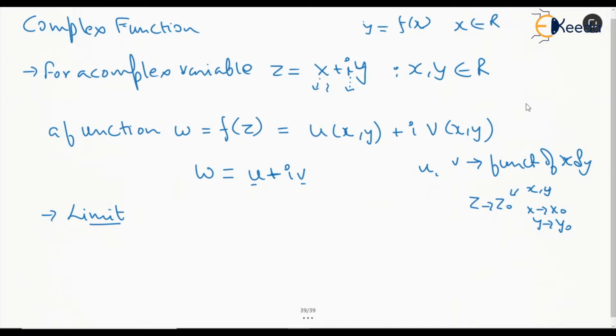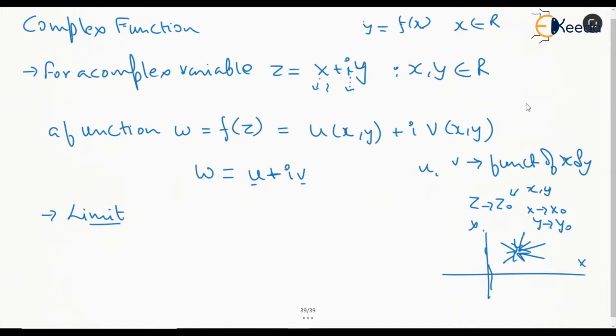Let's say this is z naught, so it has y, it has x. So if you want to approach this z naught, you can approach it from this side, this side, any side, right?